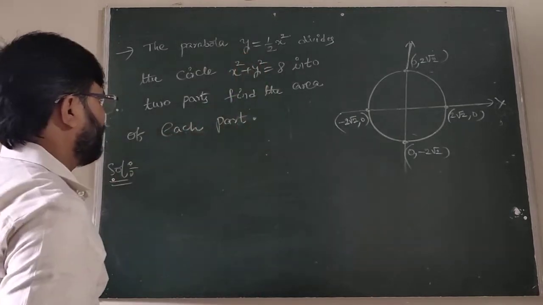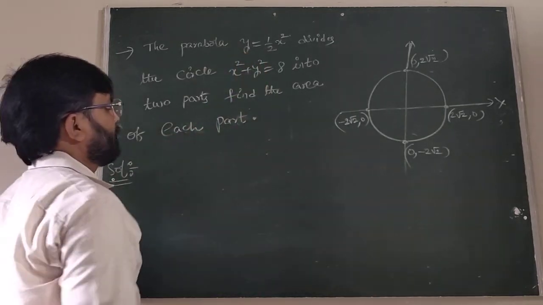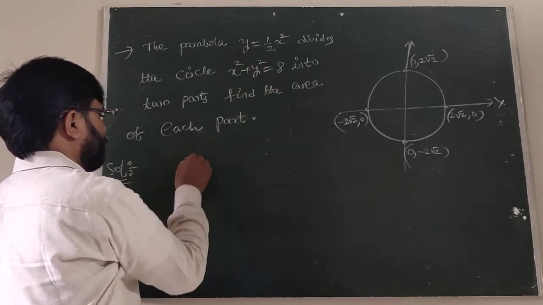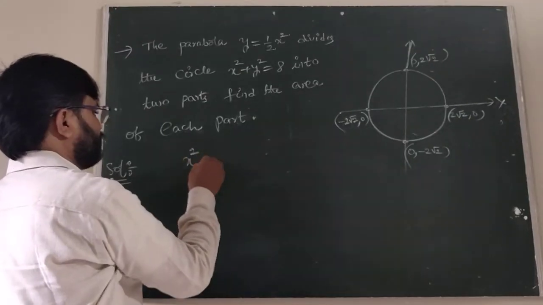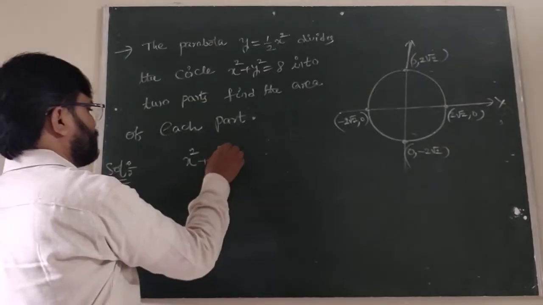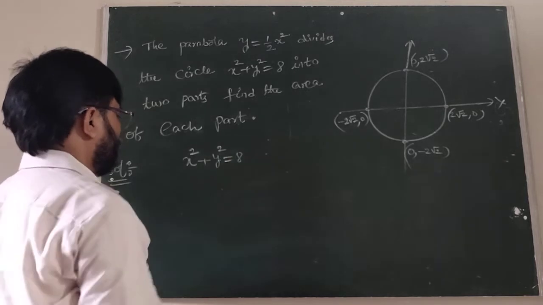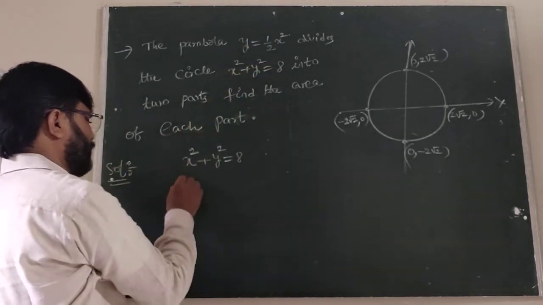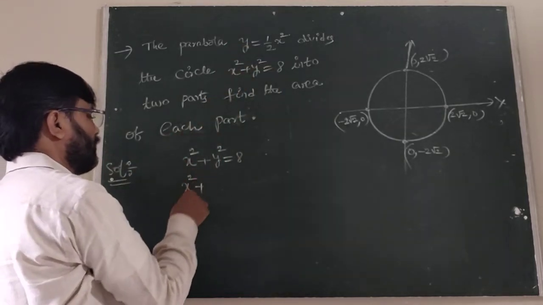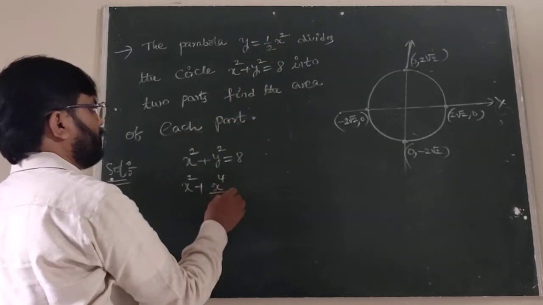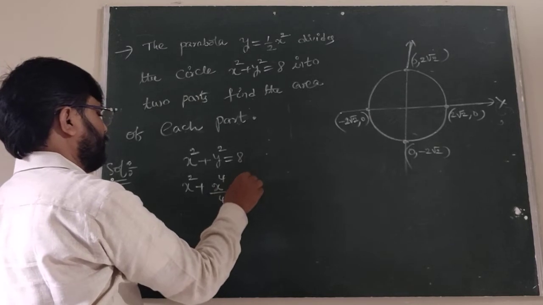The y is given by, what is y? We can substitute here x square equal to y square, 8. Therefore, y equals x square, so y square is x power 4 by 4 equals 8.